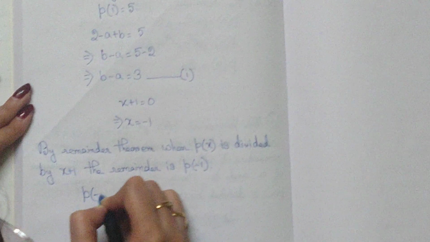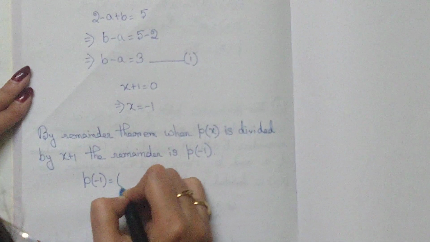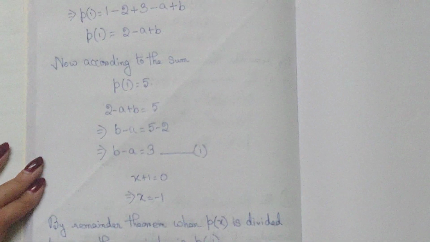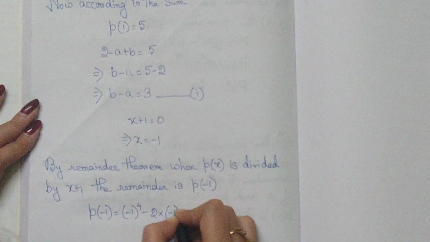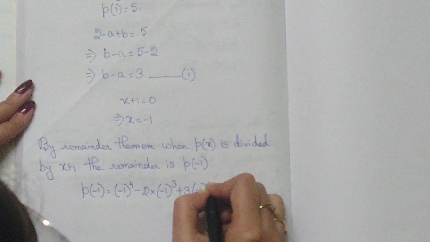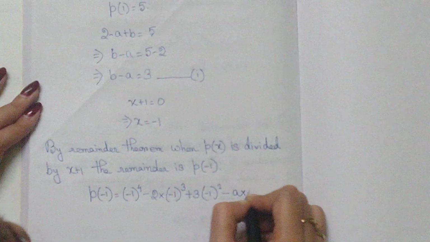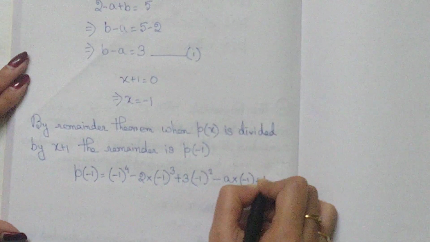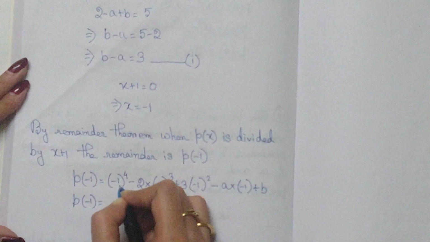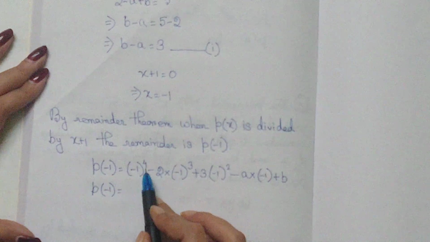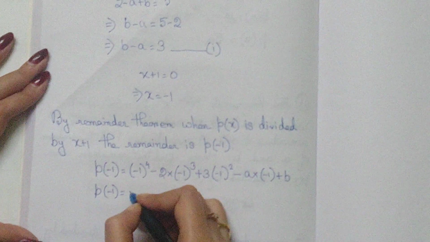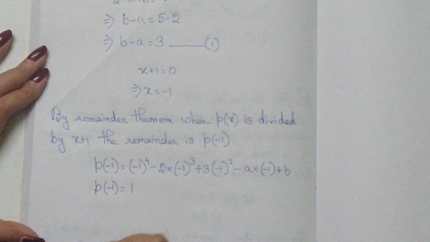So P(minus 1) equals minus 1 whole to the power 4 minus 2 into minus 1 whole cube plus 3 into minus 1 whole square minus a into minus 1 plus b. Since minus 1 has an even power, I get a positive sign, that is 1.